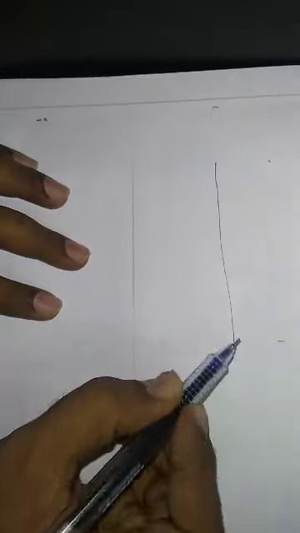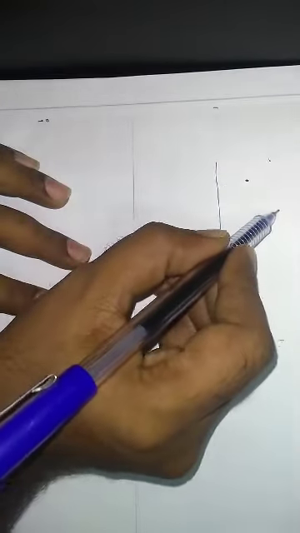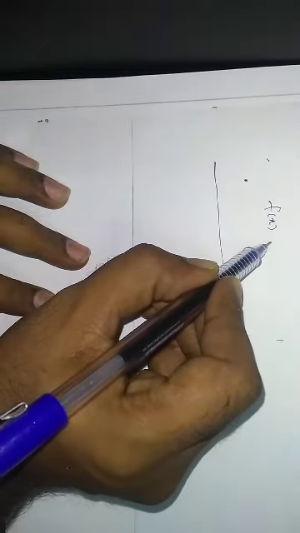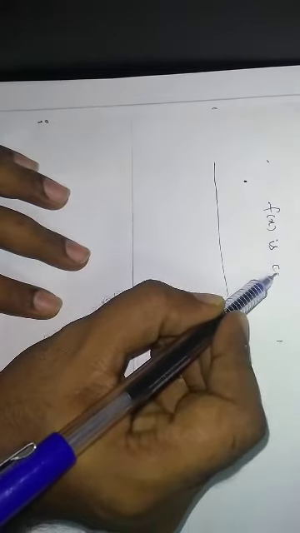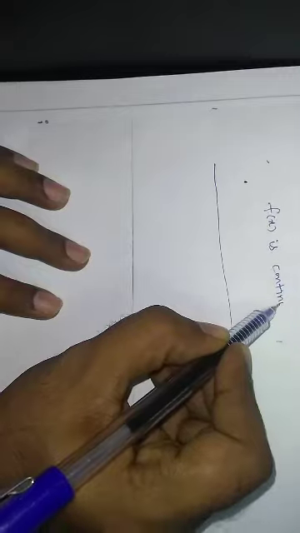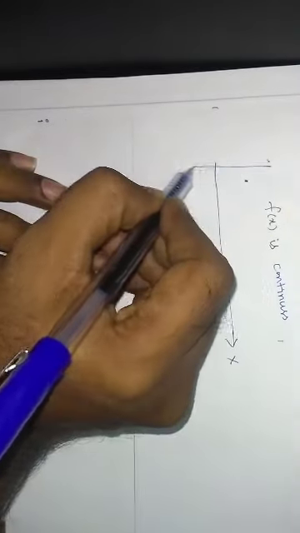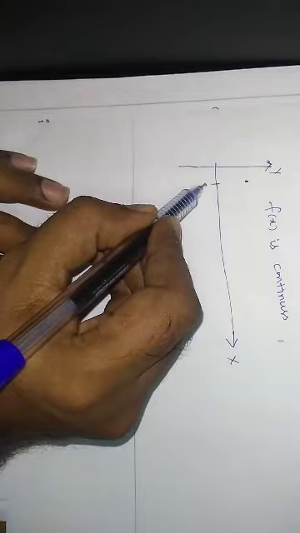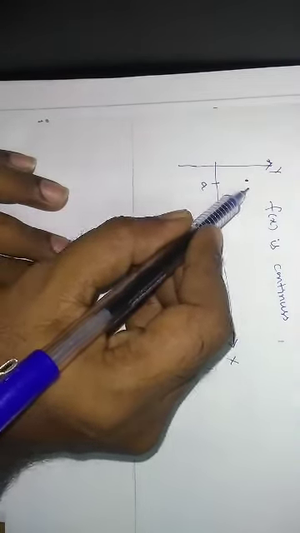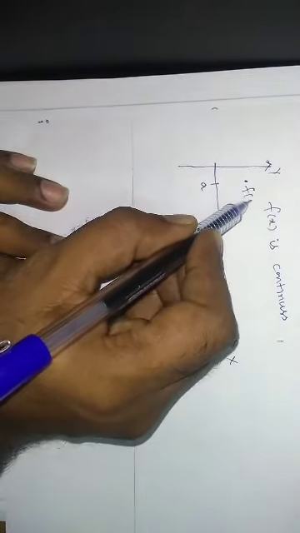It states that if f of x is a continuous function, and let this be the x-axis and this the y-axis. At a point A, the functional value f of a is positive.